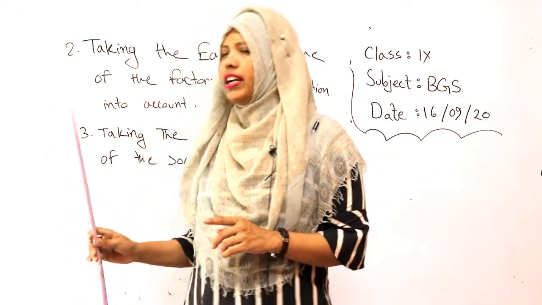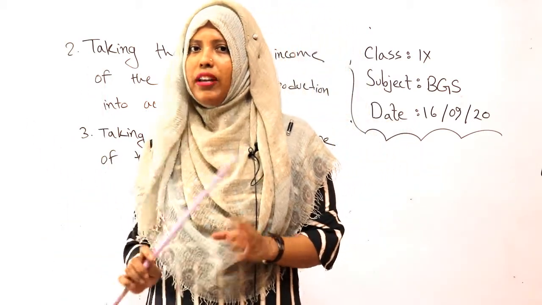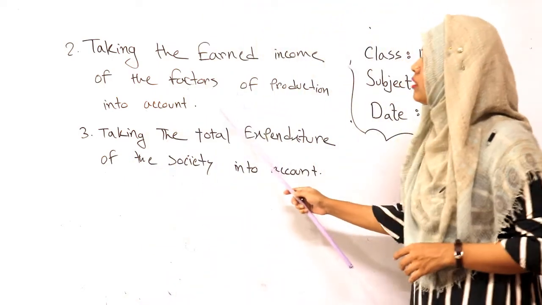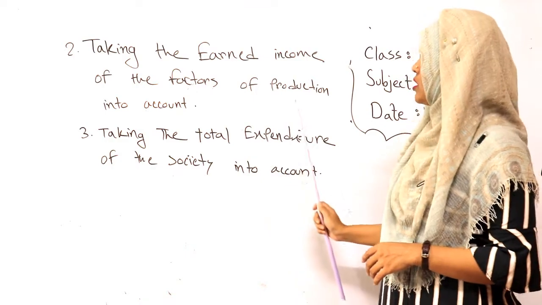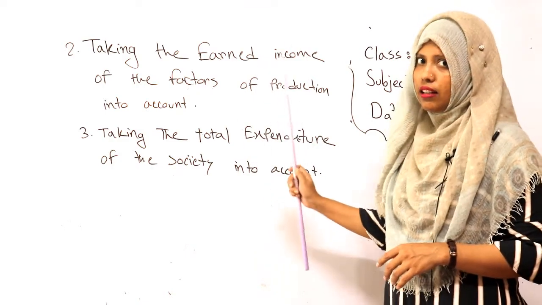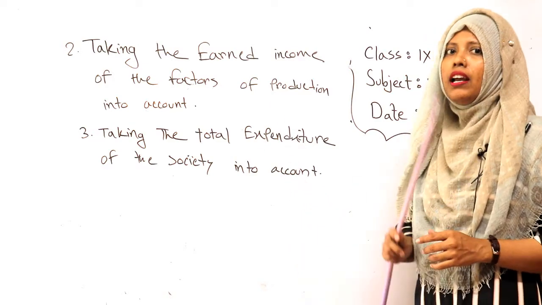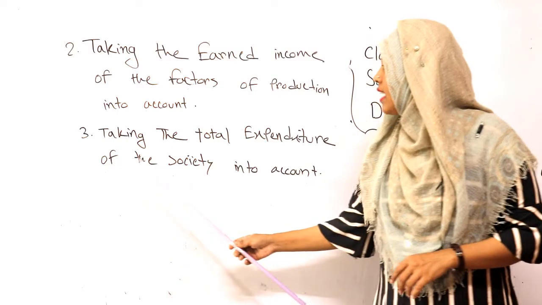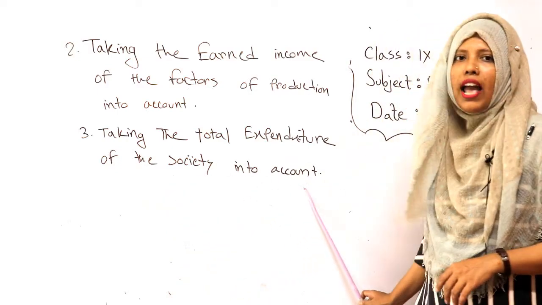But a foreigner who lives in Bangladesh, his income is not included in GNP. So the citizens' income, like the factors of production, the citizens' factors of production's income is included in GNP within 1 year.